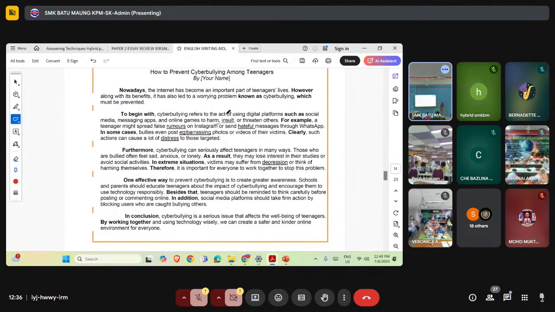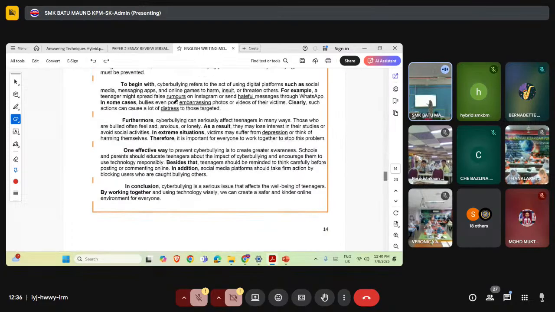Simple is definitely there. Compound, complex. So with this kind of answer, these candidates can get up to 15 to 20 marks.